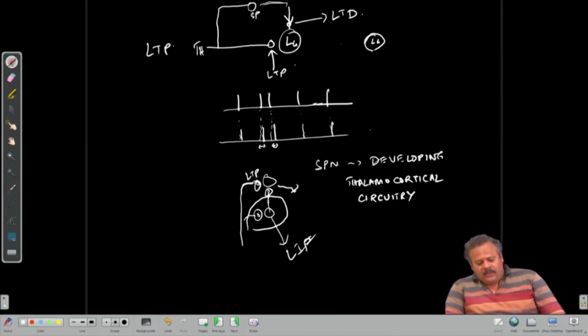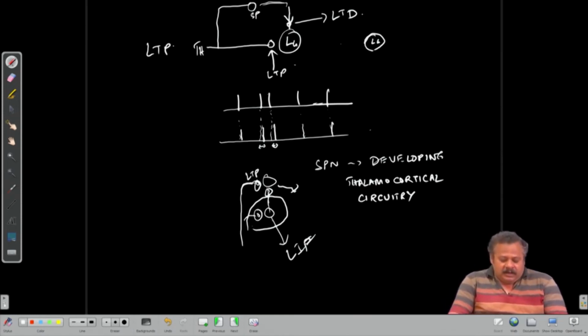So, there are many examples of models where long term potentiation, long term depression or spike timing dependent plasticity can play a role in explaining phenomena and in the modeling of these phenomena.